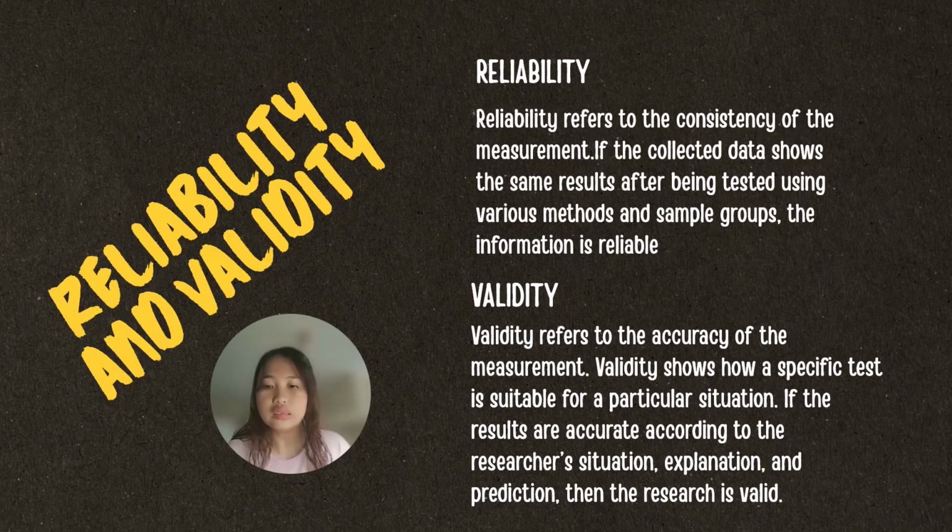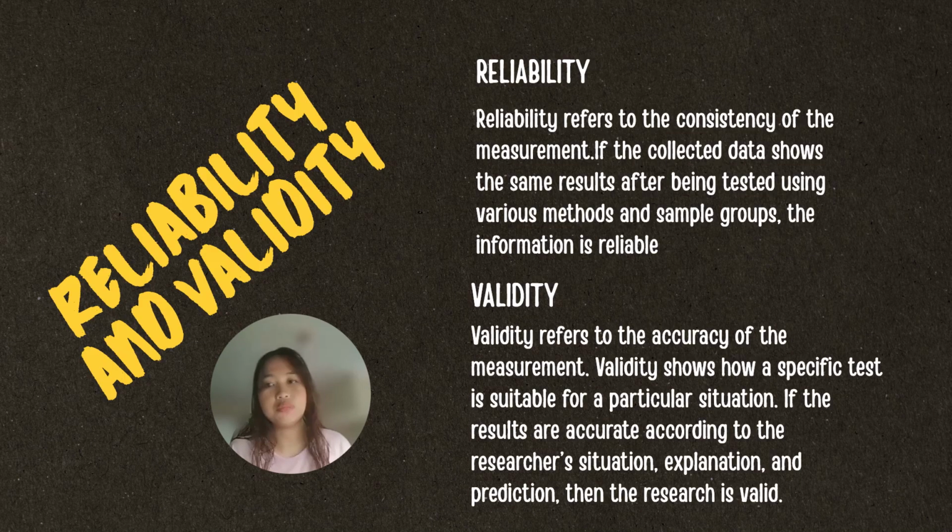And then validity refers to the accuracy of the measurement. In research, it is important to consider the type of results or responses you're gathering and generating. These two, reliability and validity, are essential in ensuring that your instrument can be used multiple times and is able to gather the same sets of data over time.